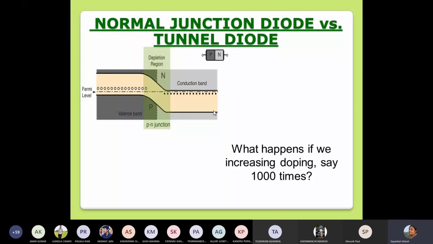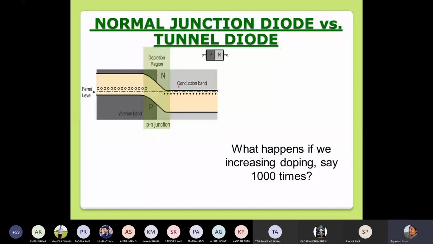We will start from that point to understand how the working becomes quite different as you go on increasing the doping concentration in tunnel diodes. So here what I have is an ordinary PN junction diode, and let us stop here for a moment and understand what we have drawn.